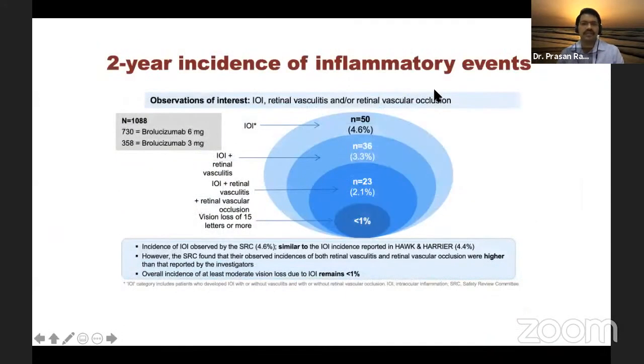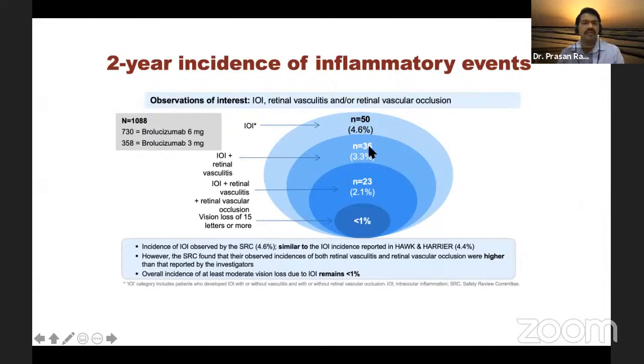However, after its registration, there were some cases of intraocular inflammation which were reported. So in the months of February and March 2020, Novartis decided to set up its own safety review committee, which tried to look at the cases reported as having intraocular inflammation, and also looked at eyes which had intraocular inflammation in Hawk and Harrier. They came to the conclusion that the overall intraocular inflammation rate is 4%.